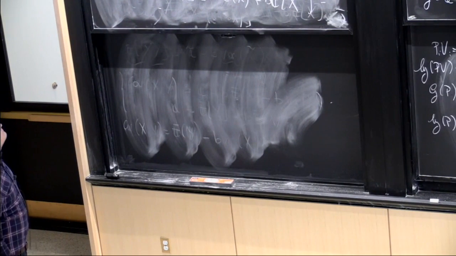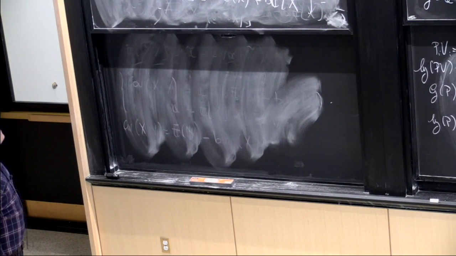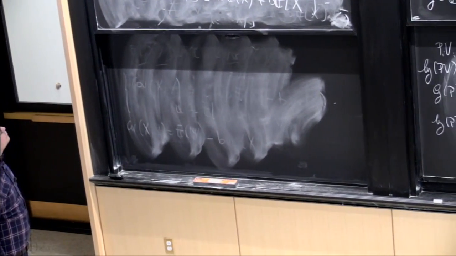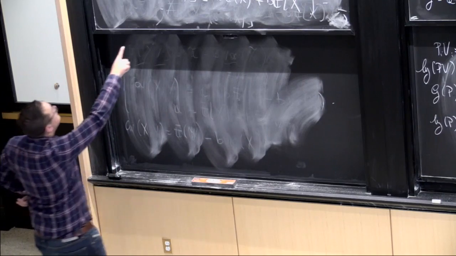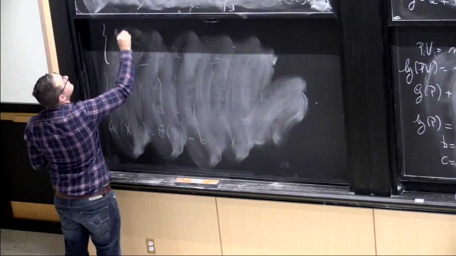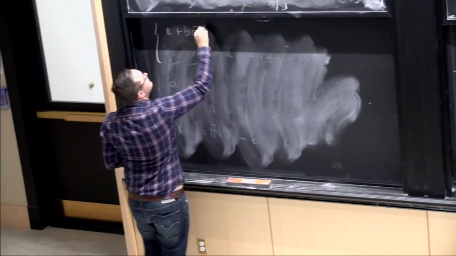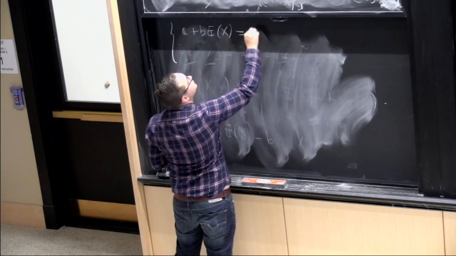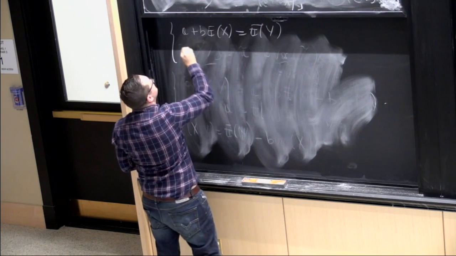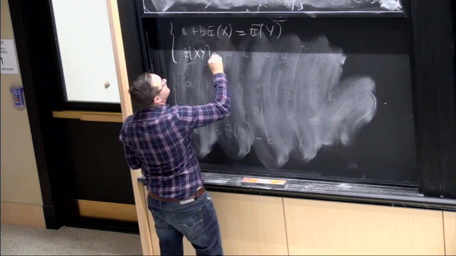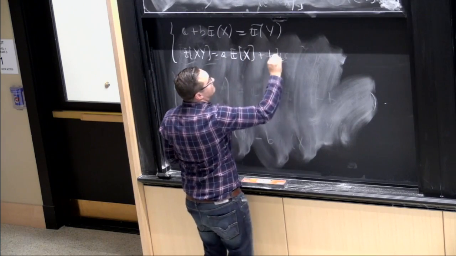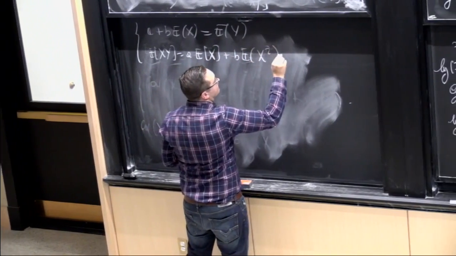All right, so the first one is actually not giving me much, so I need to actually work with the two of those guys. So let me rewrite those two equations that I have. I have a plus b e of x is equal to e of y, and then I have e of xy. OK?